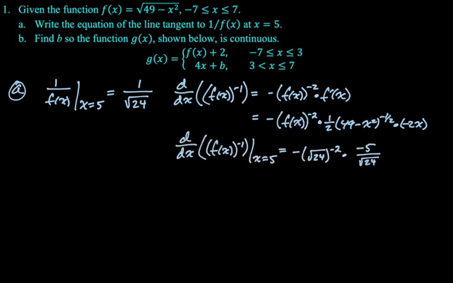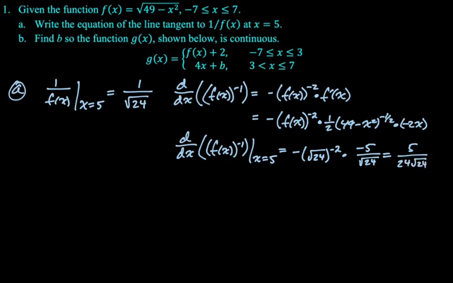And now we're evaluating at 5. When I did that, I got negative quantity root 24 to the negative second times negative 5 over root 24. I'm pretty sure that's right. And then that simplifies not much into 5 over 24 root 24.